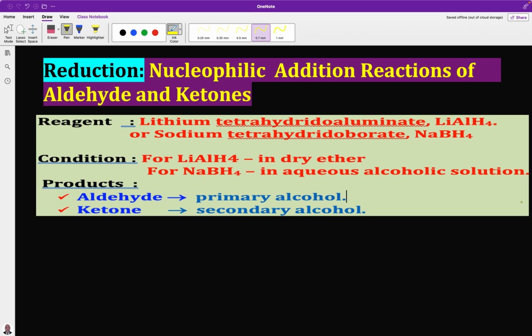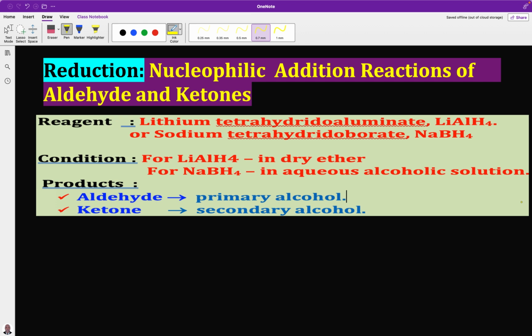In oxidation, we were preparing aldehydes from primary alcohols. In oxidation, we were preparing ketones from secondary alcohols. On the other hand, reduction.